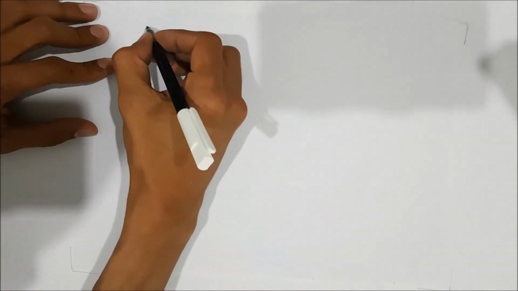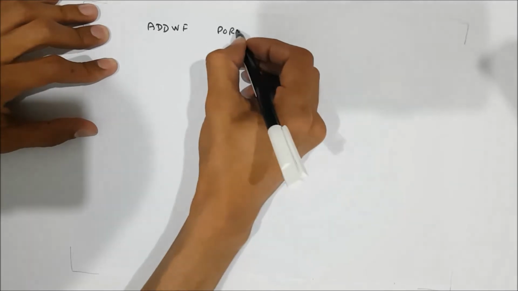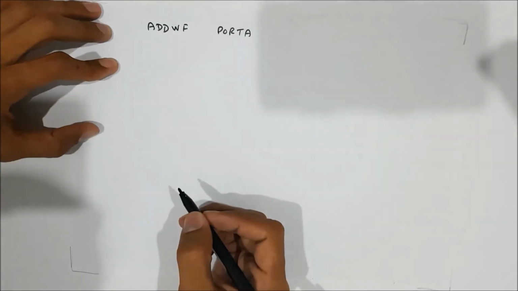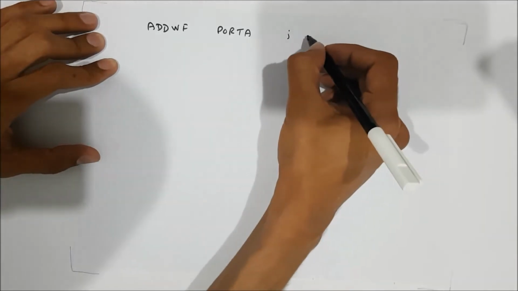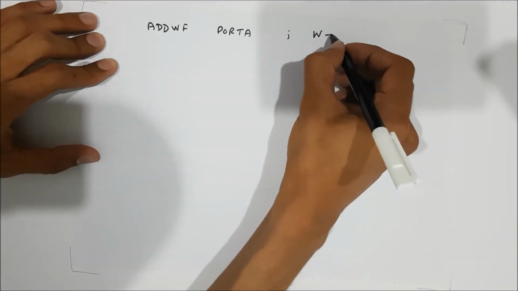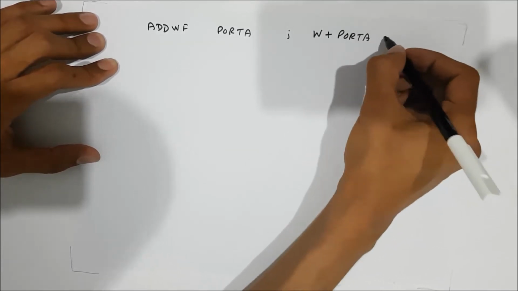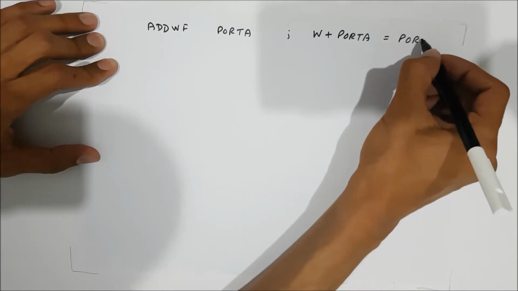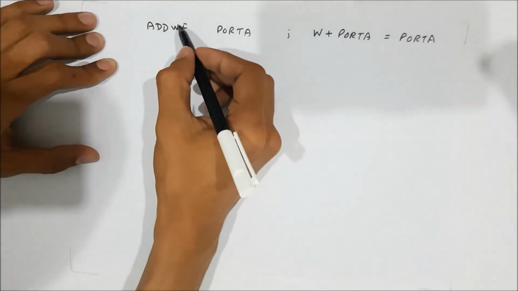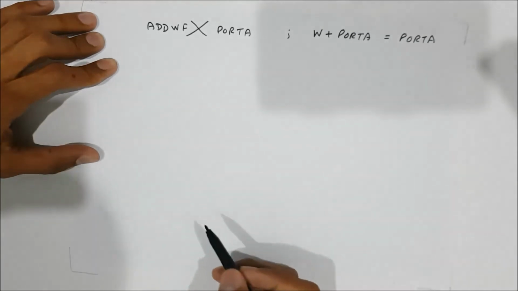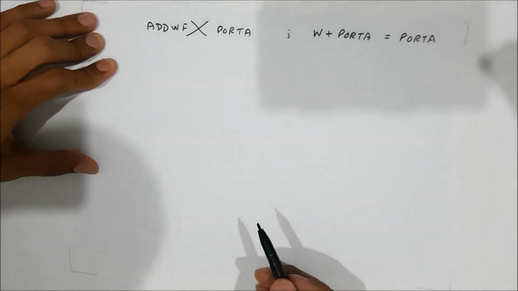Same rule applies when your file register now is a port. So for example, you write ADDWF PORTA. What this instruction will do is, it will add W register and the contents of port A and store them into port A. But this instruction will most probably not work. It depends upon the compiler and it depends upon the controller.